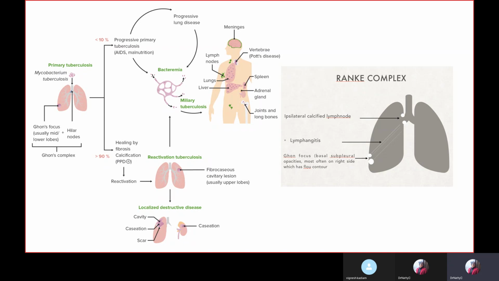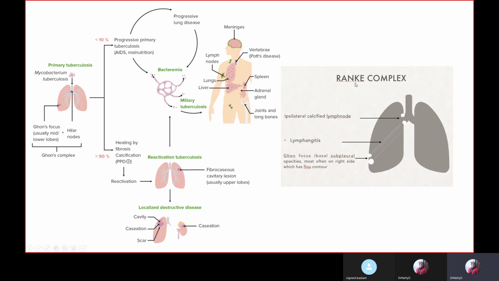When the infection is only in the lung, it is called a Ghon focus. When it involves the lymph node, the term Ghon complex is used, because there is infection in the lung as well as in the lymph node. So Ghon focus plus the hilar lymph node involvement is called a Ghon complex.